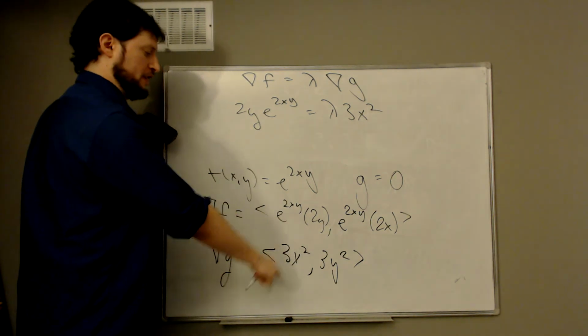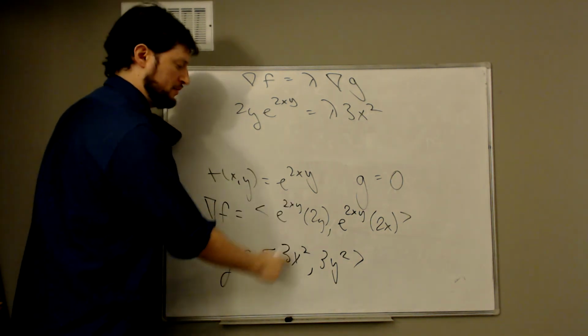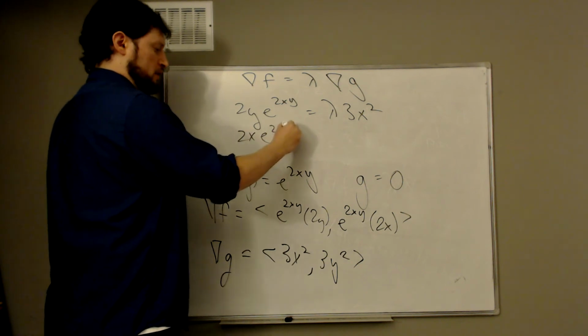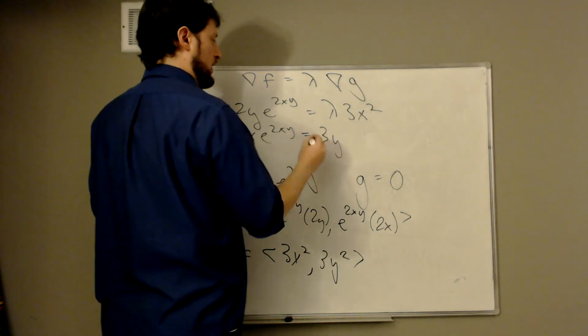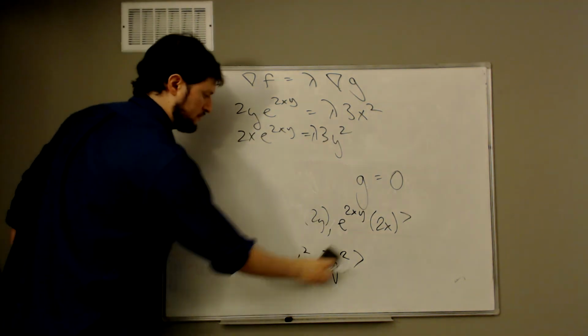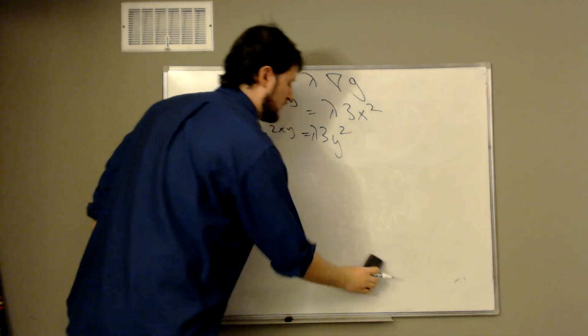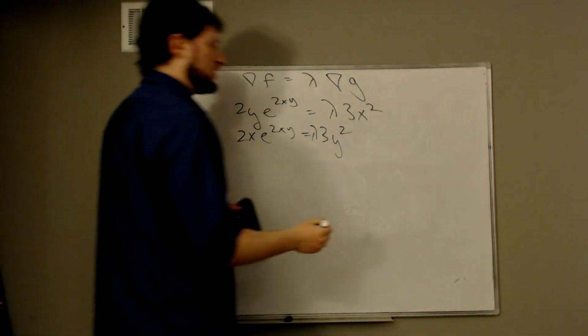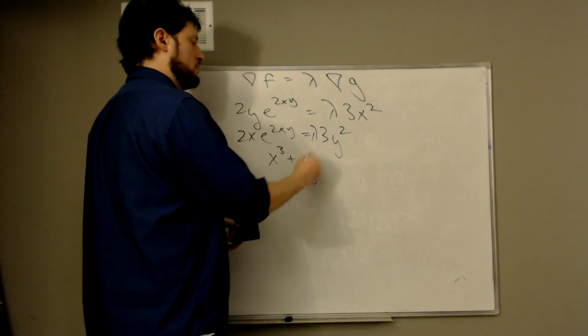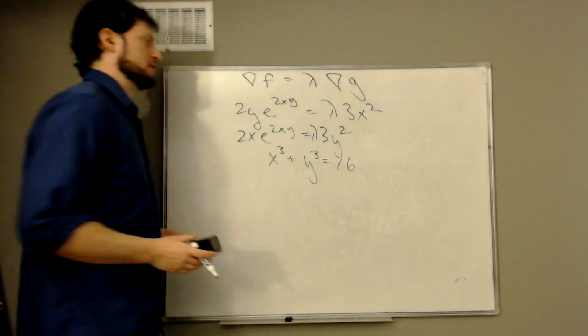That's the i components. And for the j components, 2x e to the 2xy is equal to 3y squared times lambda. The other thing that also has to be true is that g has to equal 0, which is our original constraint. x cubed plus y cubed had better equal 16.